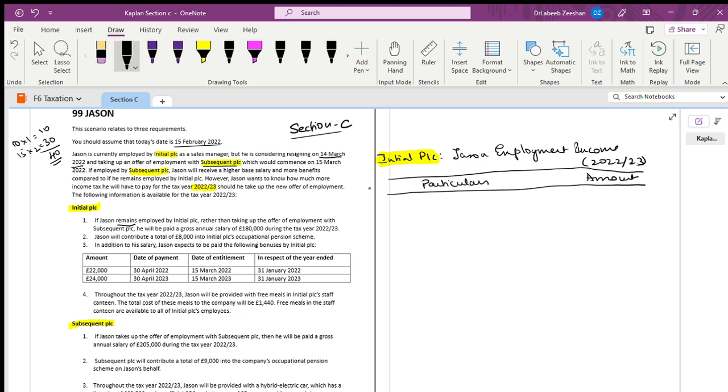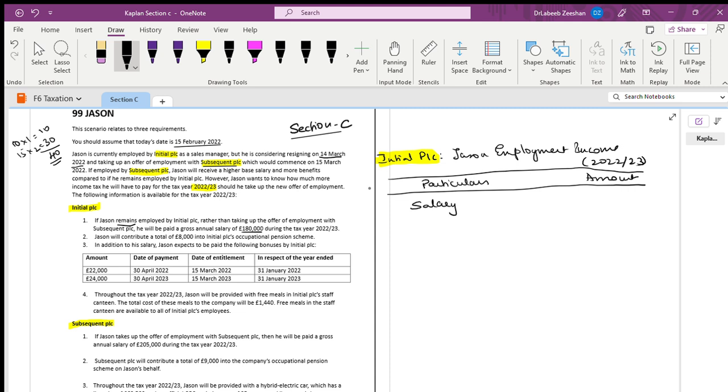He wants to remain employed by initial PLC rather than taking up employment with the subsequent PLC. He will be paid a gross salary of 180 during the tax year. Now put it as a salary.